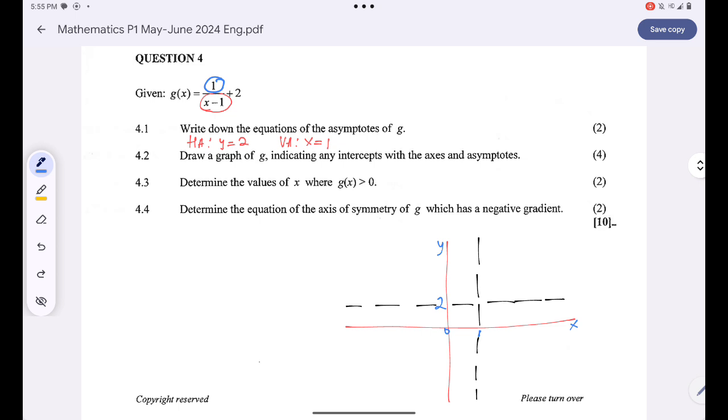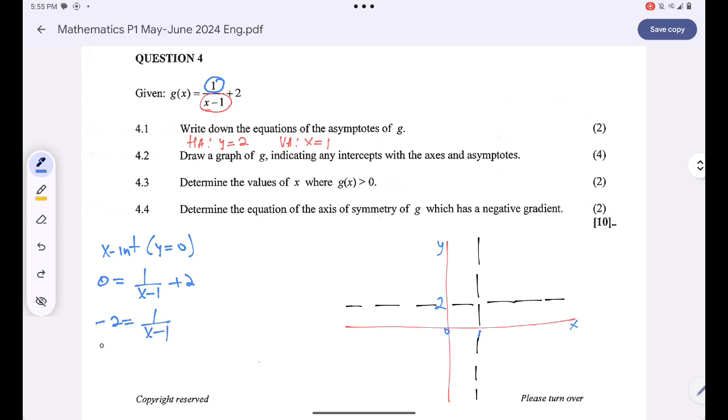How can I find my x-intercept? I must always make y equal to 0. I don't care what kind of graph you have; if you want to calculate the x-intercept, always make y equal to 0. If y is 0, that means g of x will be 0. I end up with 0 equals 1 over x minus 1, plus 2. Taking the 2 to the other side, it becomes negative: negative 2 equals 1 over x minus 1.